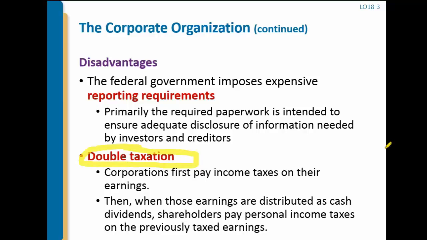We kind of alluded to the fact that as the corporation makes money, they distribute this money in the form of dividends to the owner. The only way you can get corporate wealth from the corporation to the owners is through a dividend. Well, the problem with this is the corporation pays taxes.